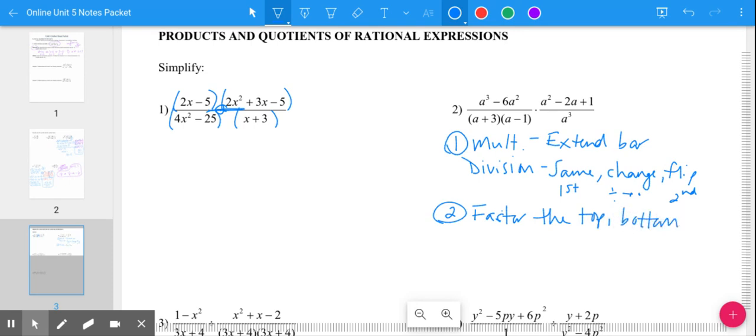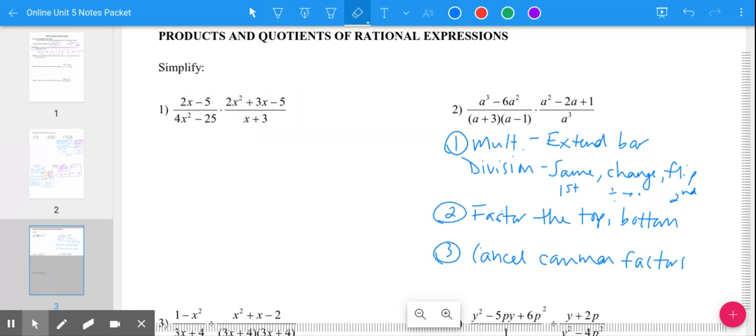We want to make sure we get it down to as many factors as possible. And the whole purpose of doing that is to cancel common factors. So if we have an x plus 2 on the top and an x plus 2 on the bottom, we can cross those off.